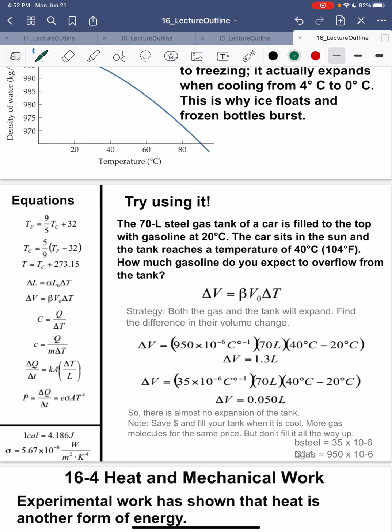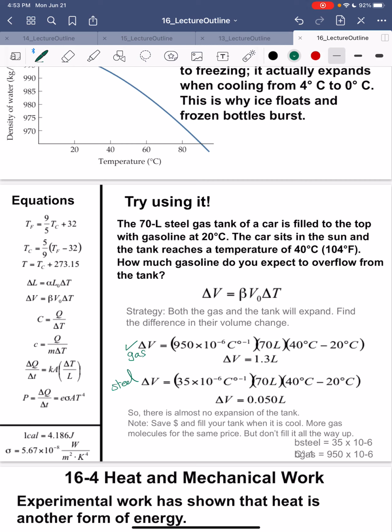The first one is going to be for the gas, and the second one is going to be for the tank. As I said, this is the gas and this is the steel.